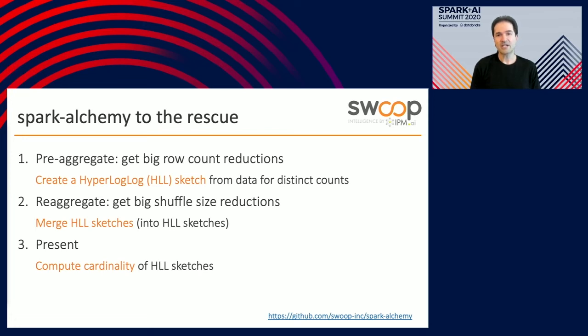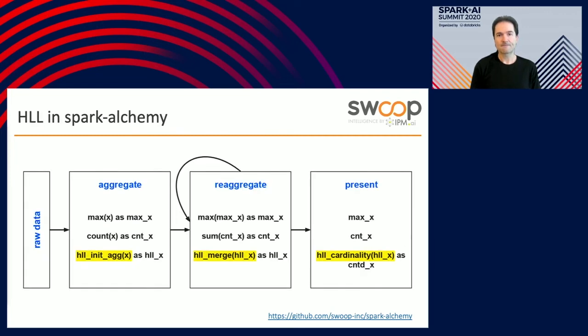So in the reaggregation phase, we will merge the sketches that we created in the pre-aggregation phase into sketches. And then in the presentation phase, we'll actually turn those sketches, the binary data, into a distinct count. And this is what it looks like. On the creation of a HyperLogLog sketch, I use the HLL init agg function from spark-alchemy.